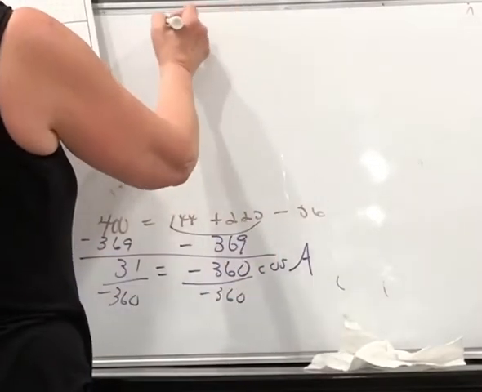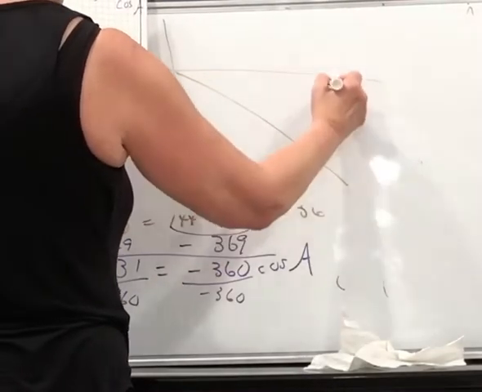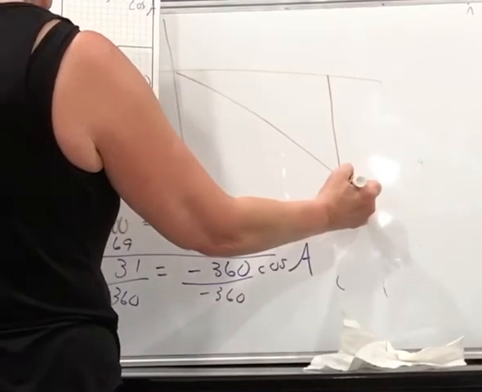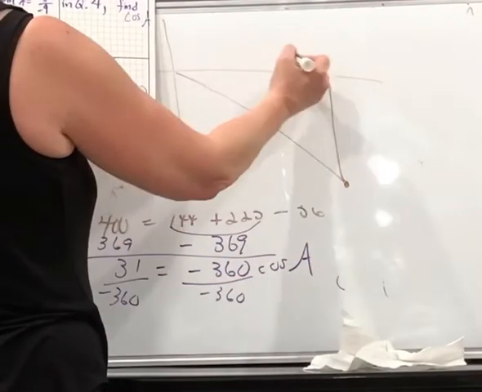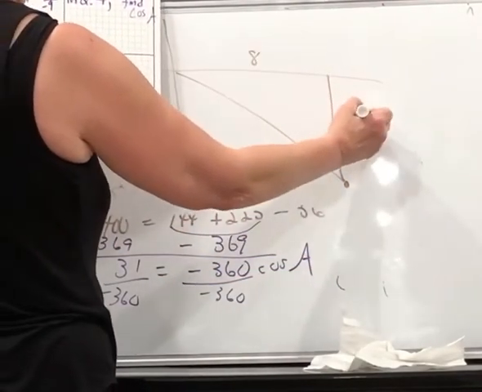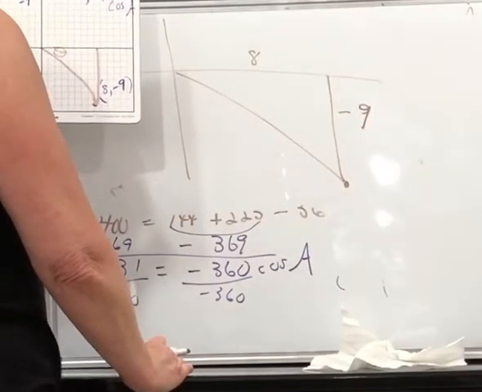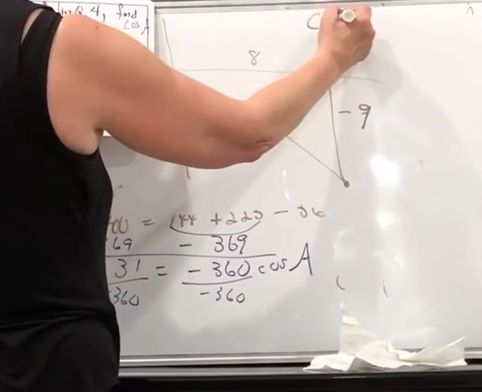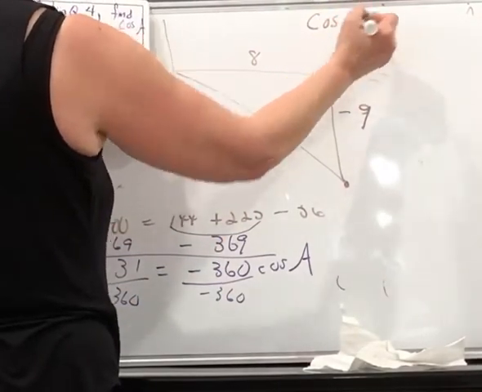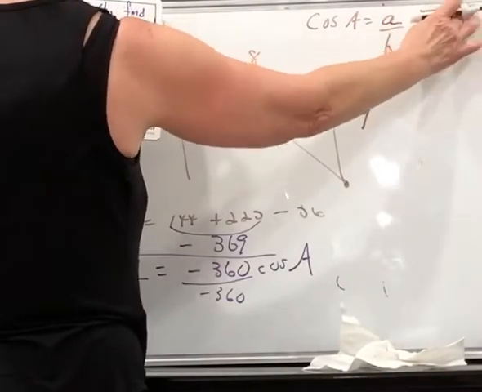What I'm looking at is the point 8, negative 9 here. So that means that the x value is 8 and this is negative 9. What we want to do is find out what the cosine of A is. They gave us the sine of A, they want to know the cosine of A, which means I need my adjacent over my hypotenuse.